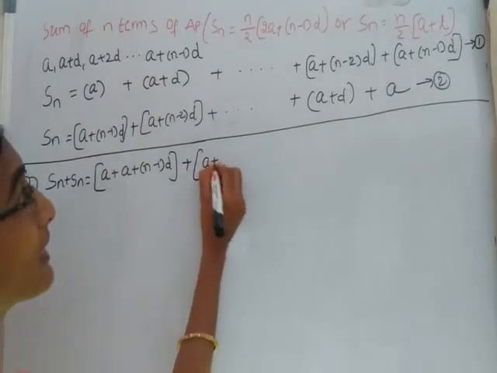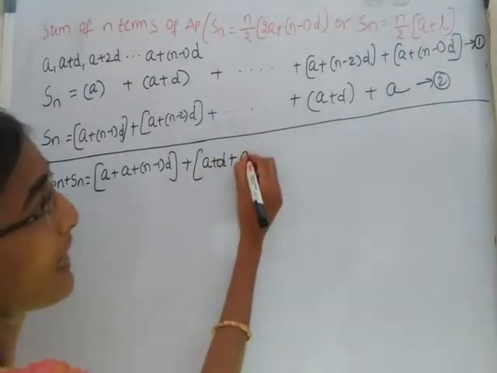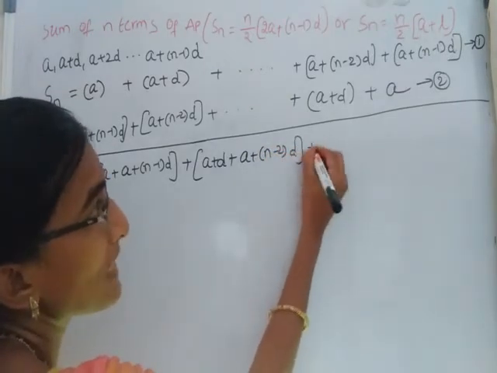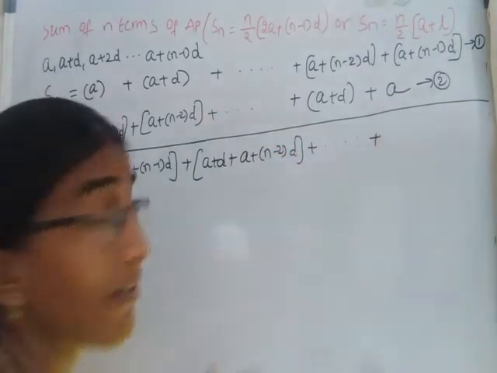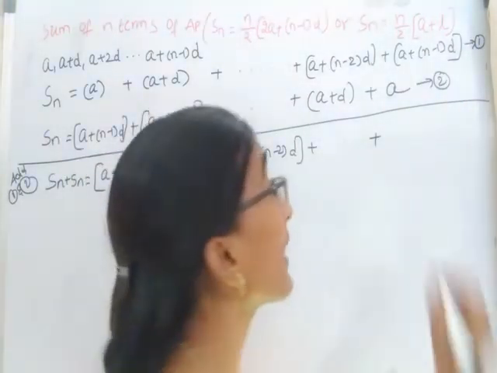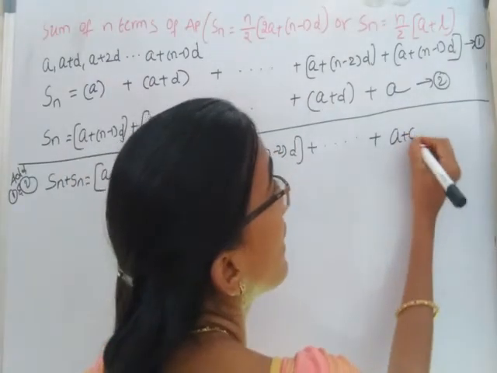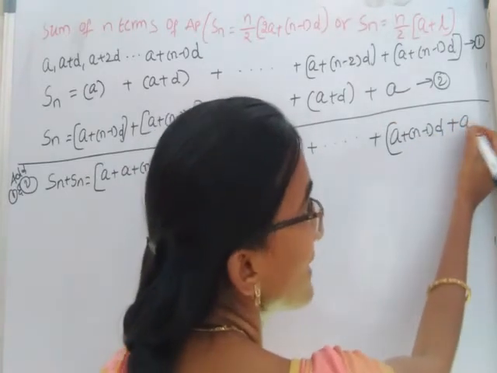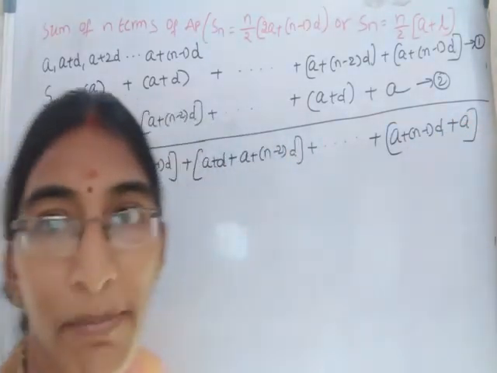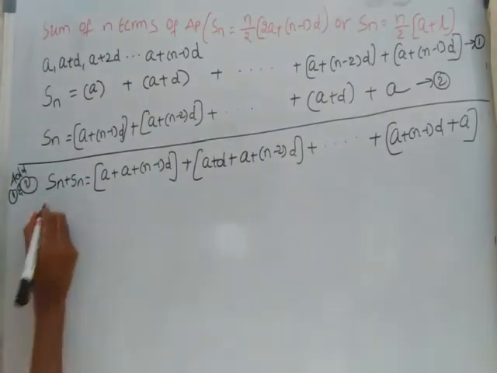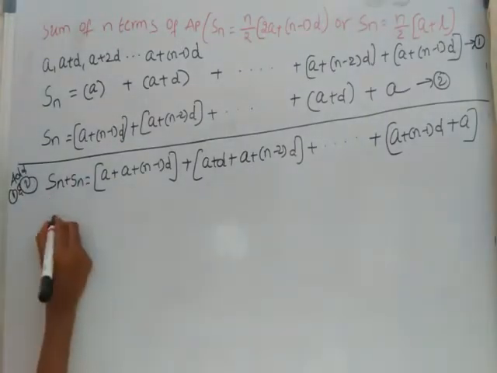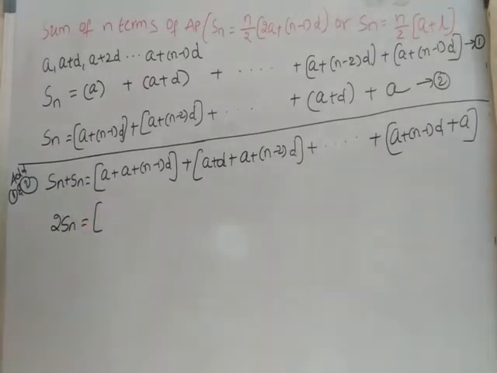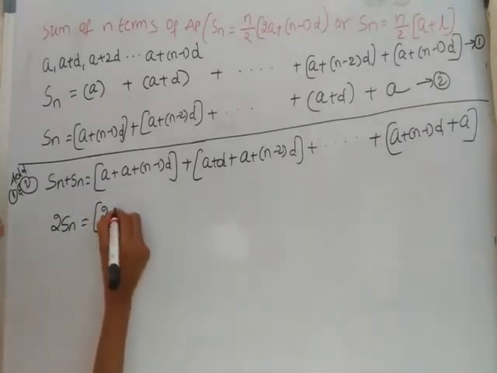Sn plus Sn is equal to a plus n minus 1 into d plus, what is the second term here, a plus d plus a plus n minus 2 into d plus and so on. Here what is the last term? a plus n minus 1 into d plus a plus a. Now Sn plus Sn, that is 2Sn, is equal to a plus a. What is a plus a? 2a.